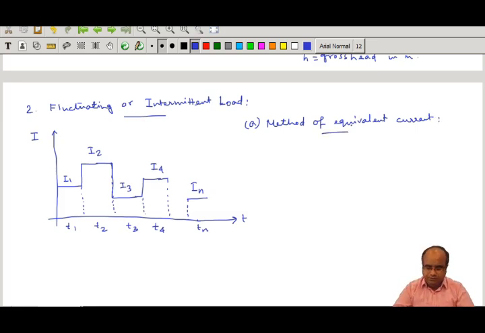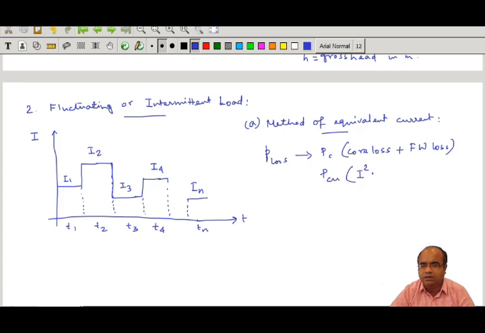Now motor loss will consist of two parts. One is the constant loss, which includes core loss plus friction windage loss. Another part is the copper loss, that is I square R loss.